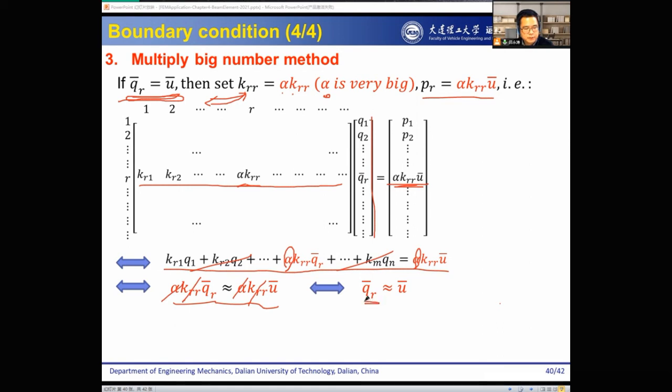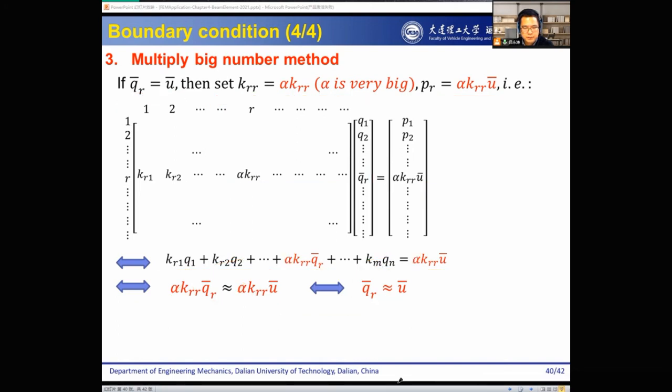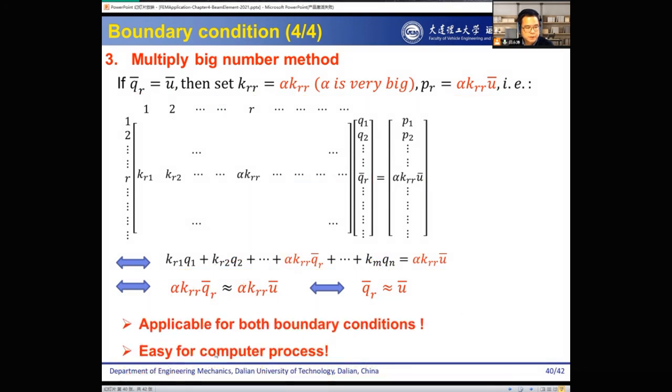Then we have QR bar equal to U bar. So we have managed to consider this condition, which means this given boundary condition is equivalent when we set up those parameters. The advantage is also that we keep the same dimension of the matrix, so it's easy for computer processing, and this is only applicable to the given boundary conditions.